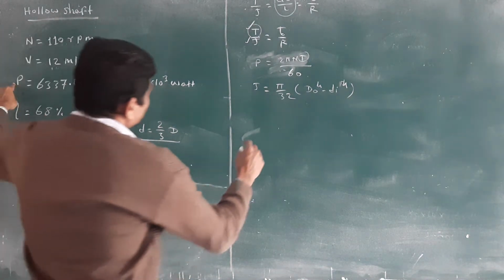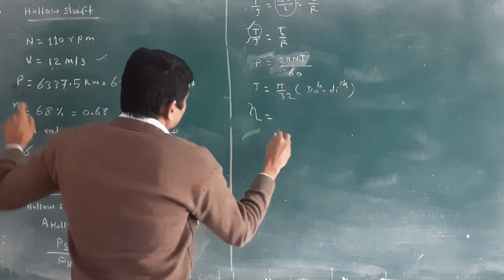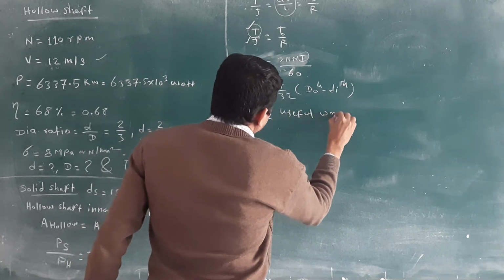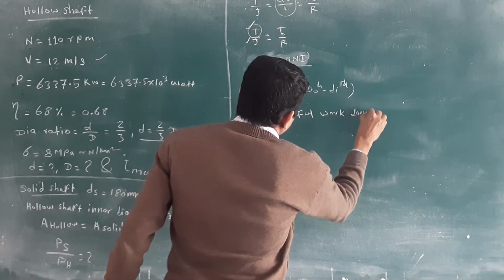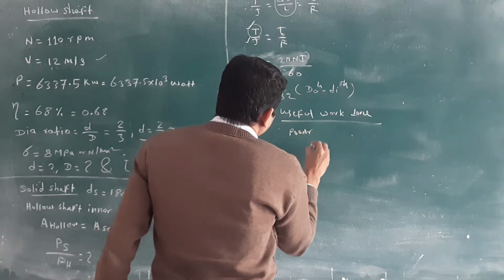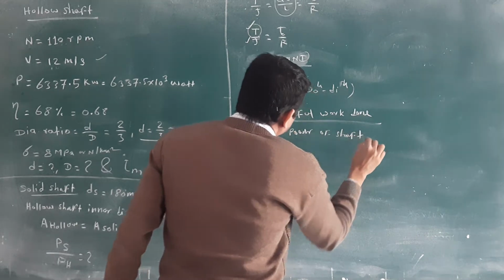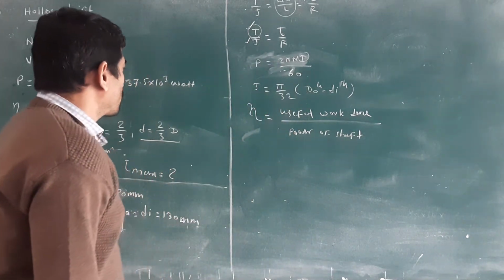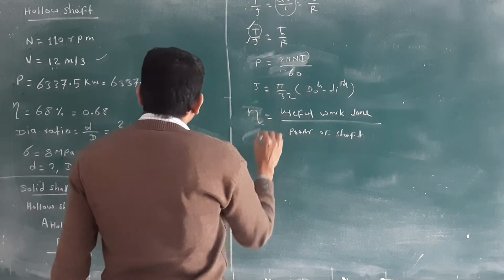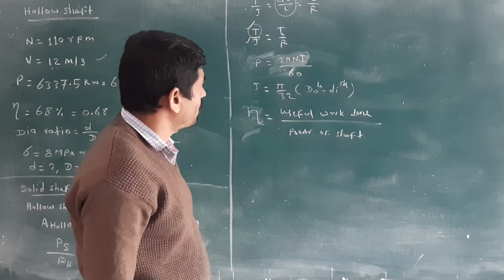What is the efficiency? Efficiency is equal to useful work done to the power or energy of the shaft. In this numerical, it is the ratio of useful work done divided by power of the shaft.